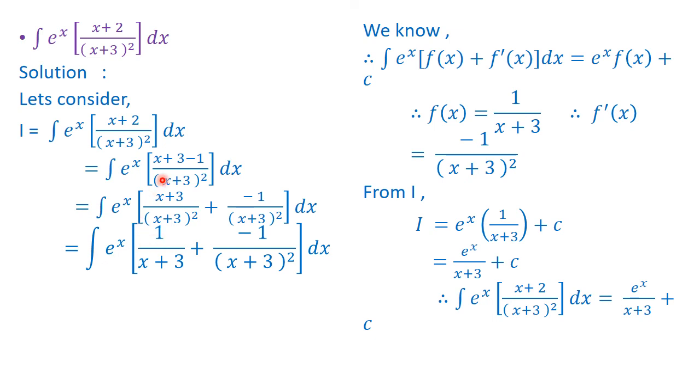See students, again simple conversions are there. First, the important step is addition and subtraction of 1, cancel one factor, then this term, if we differentiate it, its derivative is this second term, and now it is in a standard form, and hence by using this result we will have the required answer.